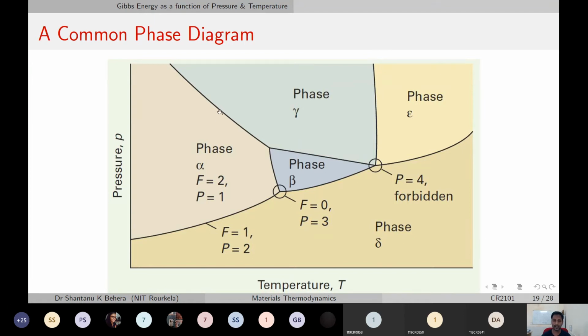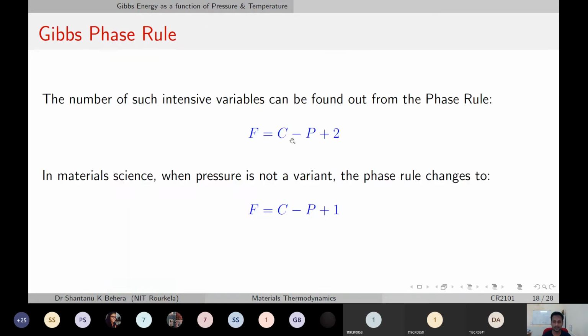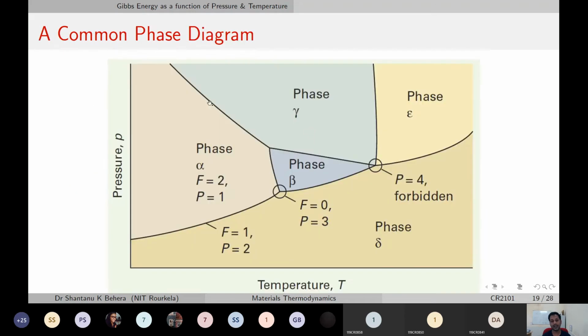All right, now that means at this line, the region of coordinate space along this line is where I have two phases in equilibrium. So going back to this formula, what is P in this line? Since I have two phases in equilibrium, I would say that this is a biphasic region.